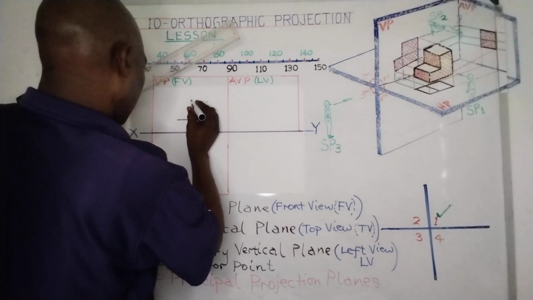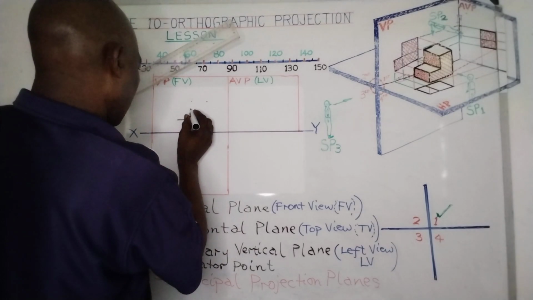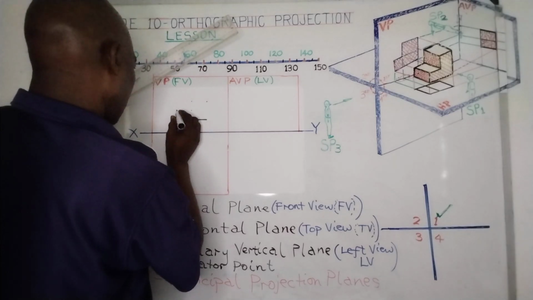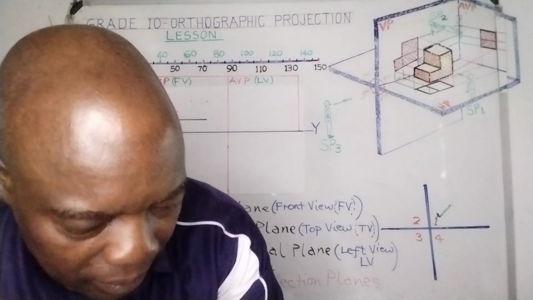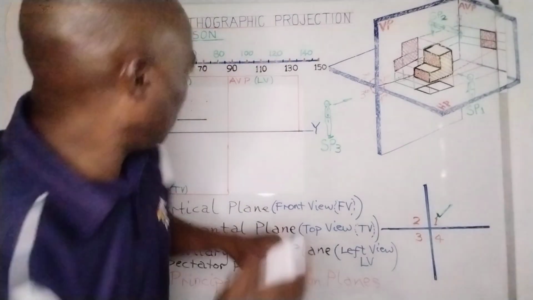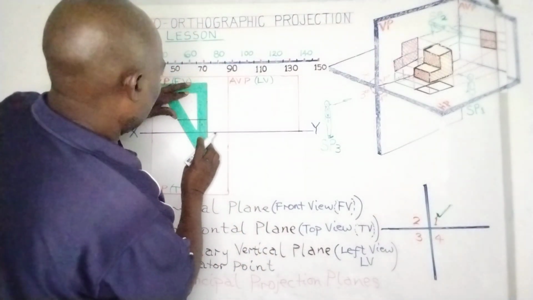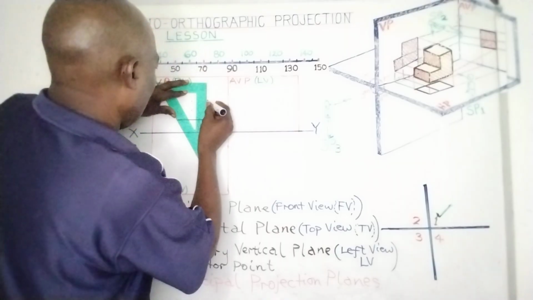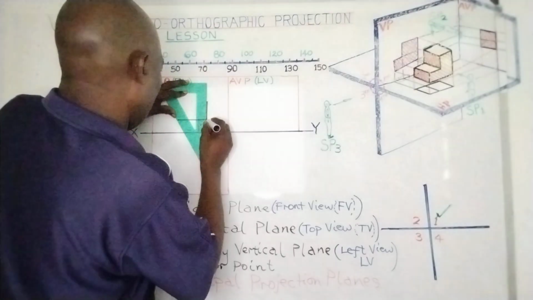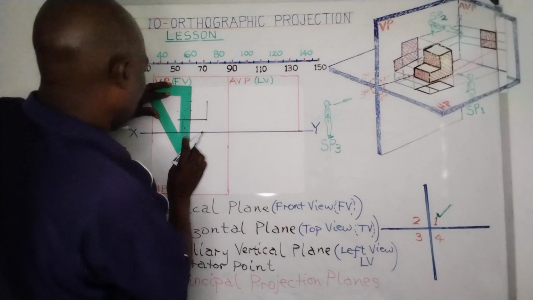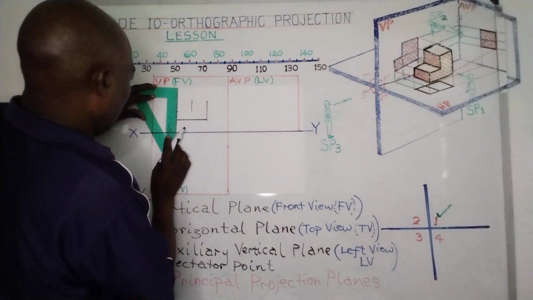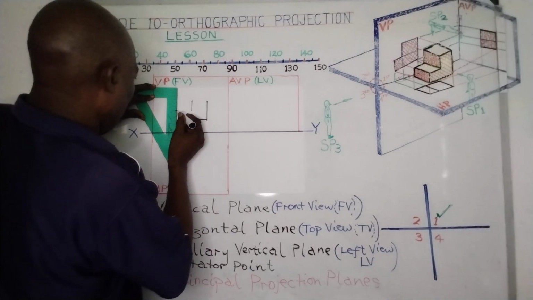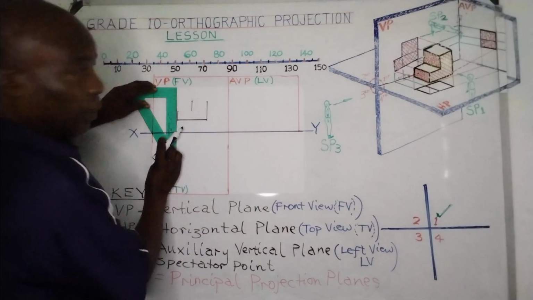These projection lines, again, just do them simultaneously. You see this from the front, I've got this going down to the horizontal plane, and I've got this going to the right to the auxiliary vertical plane. Right, let me do that now. I'll start with this from the front, up to there.